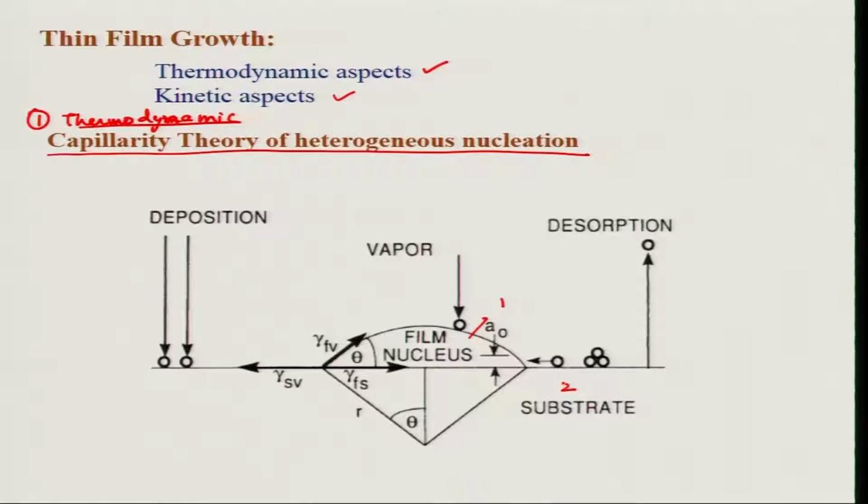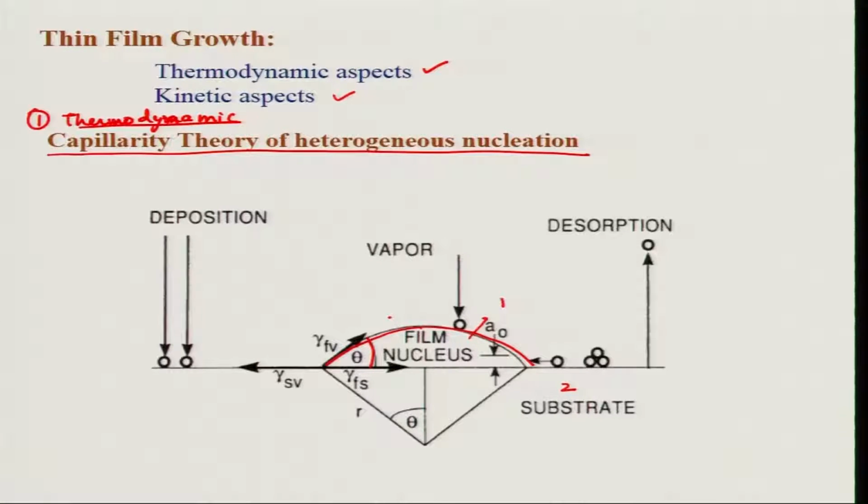Okay. Now, suppose this is a cap shaped nucleus which is formed onto my surface, and this is a collection of several atoms, okay, and multi-layer. So, once this nucleus is formed and it is not spherical or hemispherical, say it forms an angle theta. Okay. So, this is an angle which it forms. We will see the relation with theta. Okay.